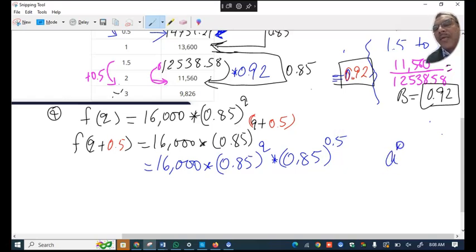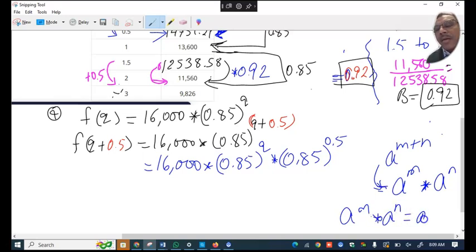If we have a raised to m plus n, this is a raised to m times a raised to n. So I use this product of powers rule here, but in reverse: a raised to m times a raised to n is a raised to m plus n. So I'm going backwards, undoing the power rule.